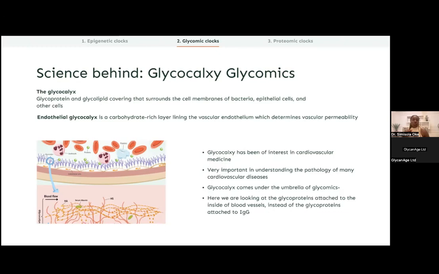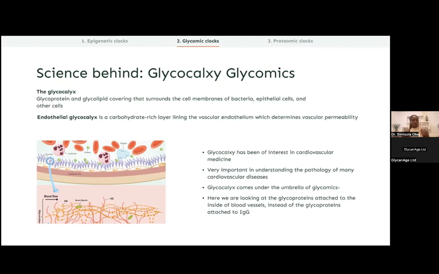They're now analyzing what that layer looks like to give information about someone's cardiovascular health. So glycocalyx is under the umbrella of glycomics. It is not exactly the same, but it is a study of those very important molecules called glycans.